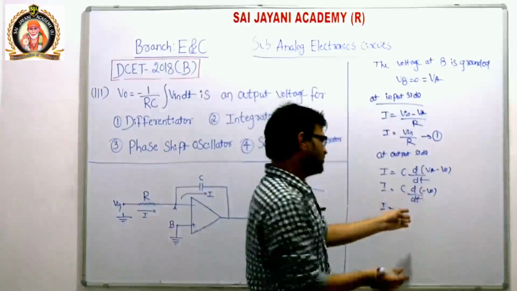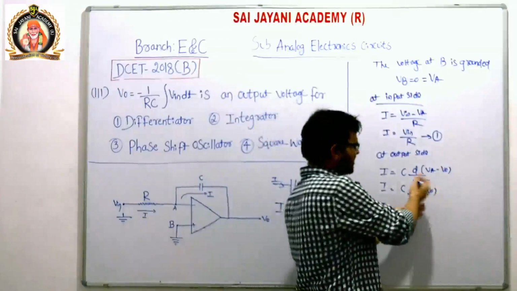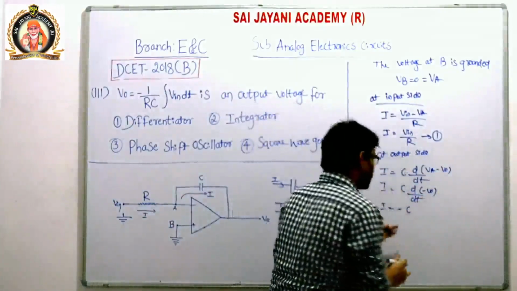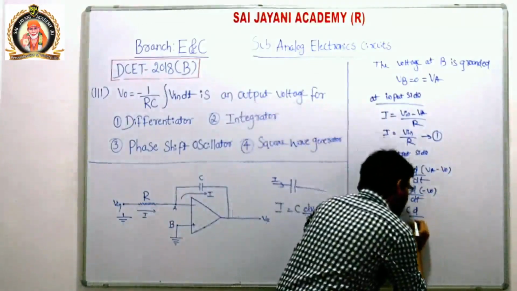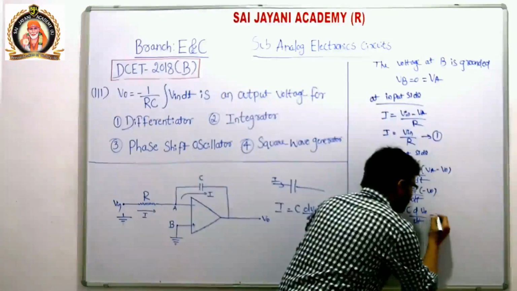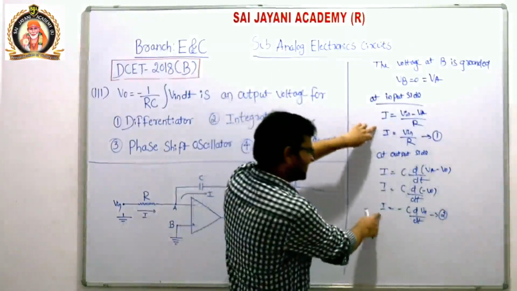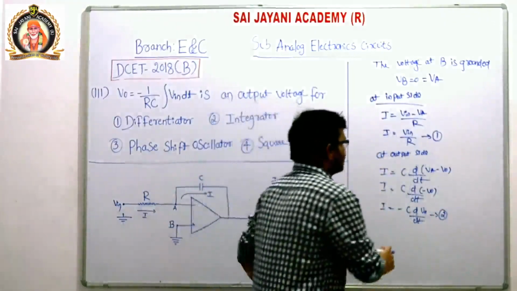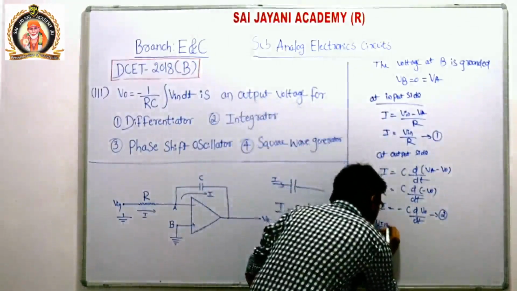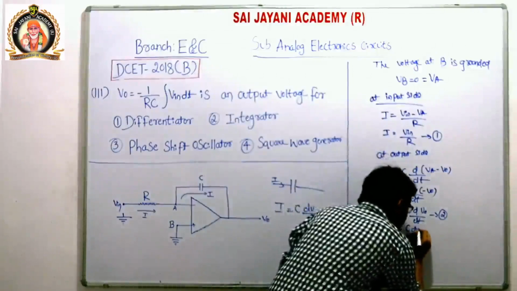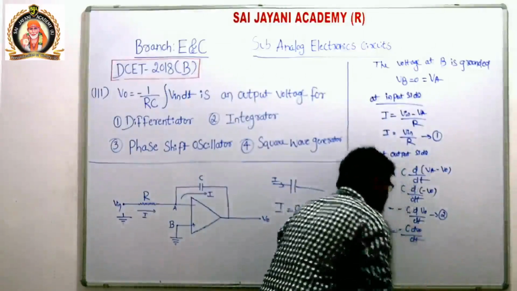Take that minus term out of the bracket, then you get I is equal to minus C d by dt of V naught. Call this equation 2. Equate equation 1 and equation 2, and you get V in by R is equal to minus C dV naught divided by dt.